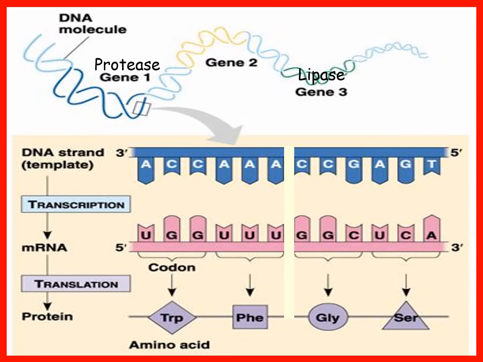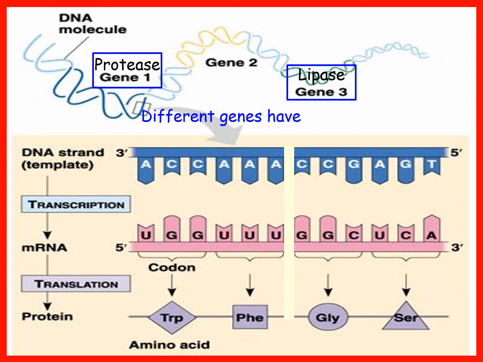So here's an example of how genes can be different to each other. If we look at the slide here, imagine that there are two different genes here, a protease gene and a lipase gene. Both of these genes are different to each other because their genetic code is different. In other words, the order of bases in the gene is different to each other.